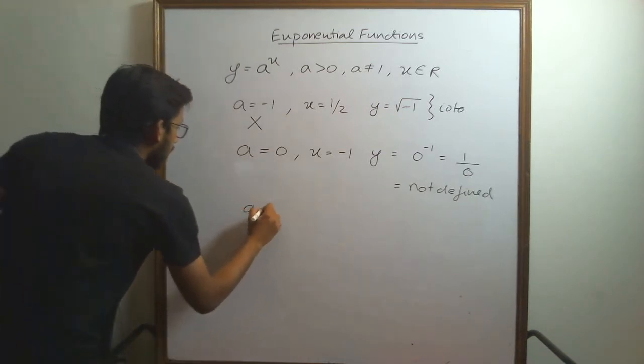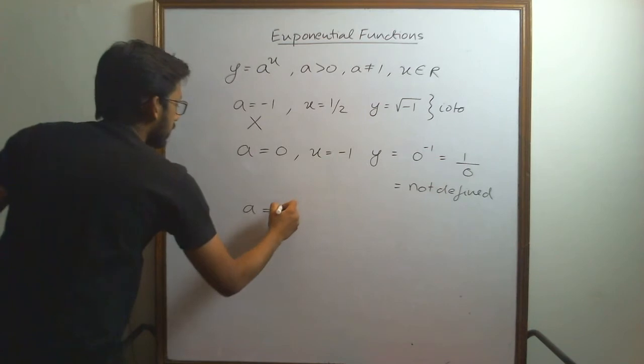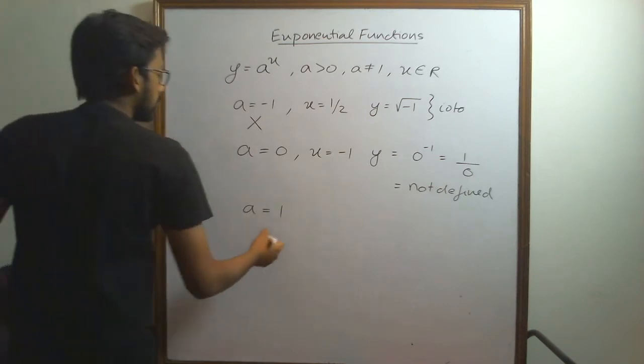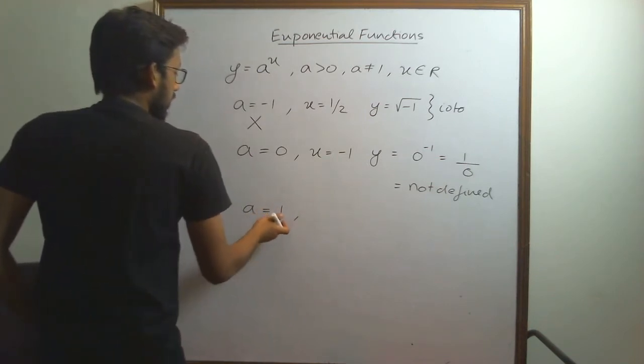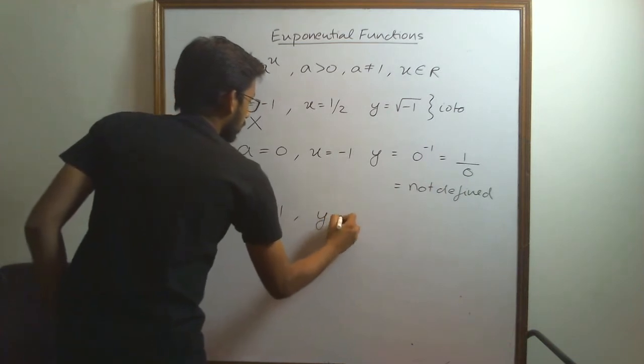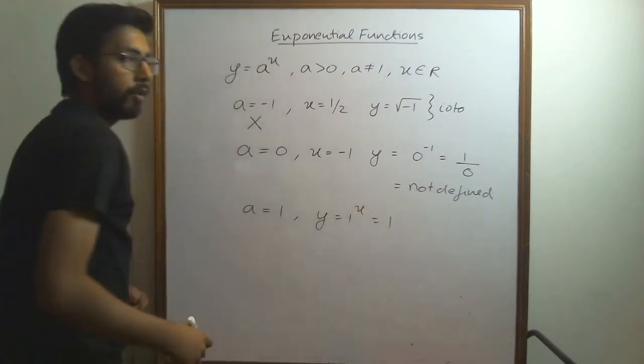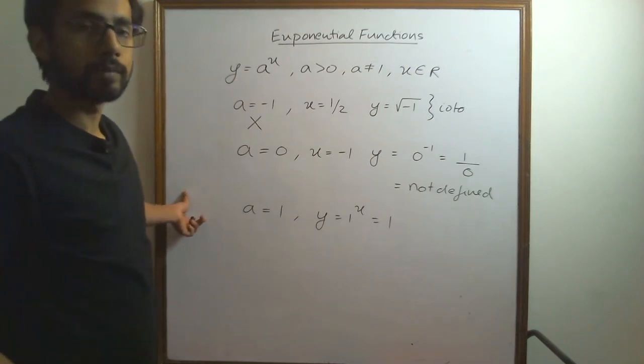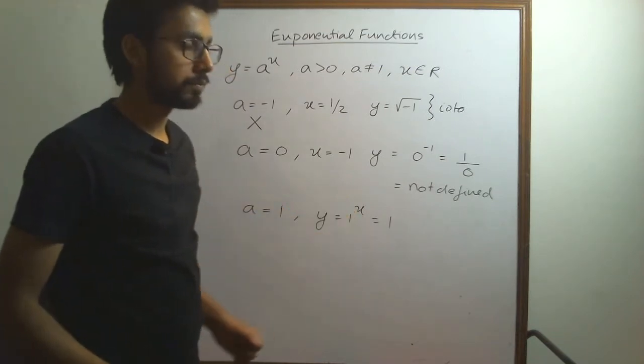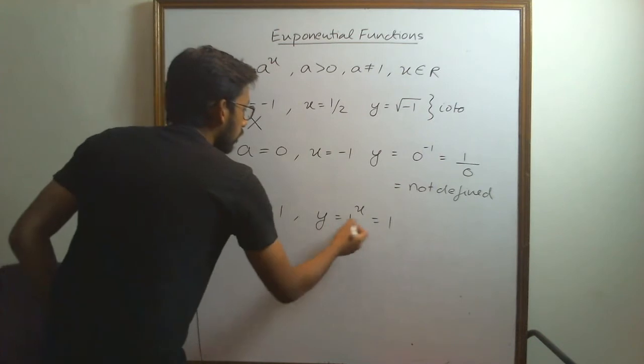Now why is a not equal to 1? Let's see what happens when a is equal to 1. If I take a is equal to 1, y is equal to 1 to the power x, which is always 1 for any real number. So y is always 1.